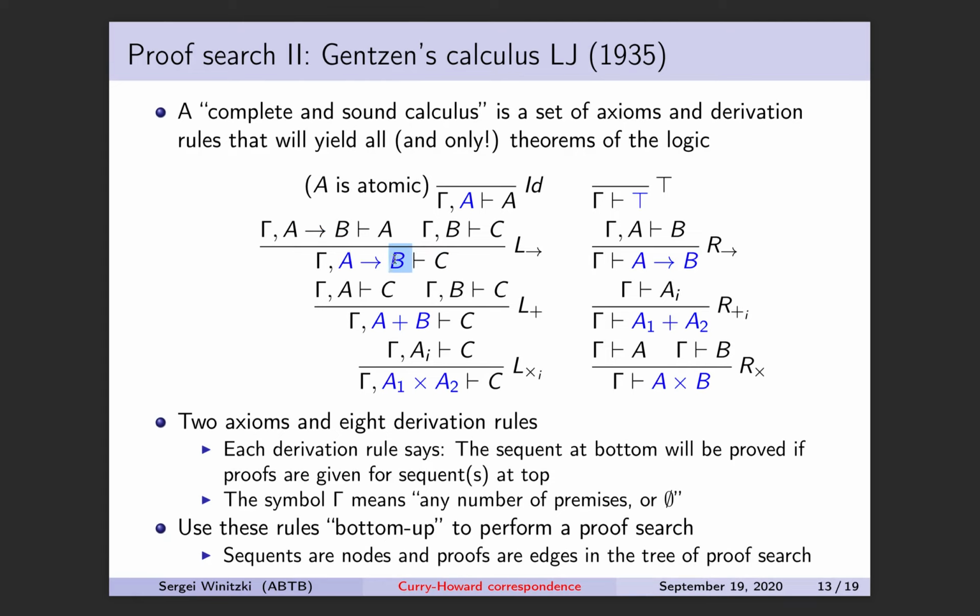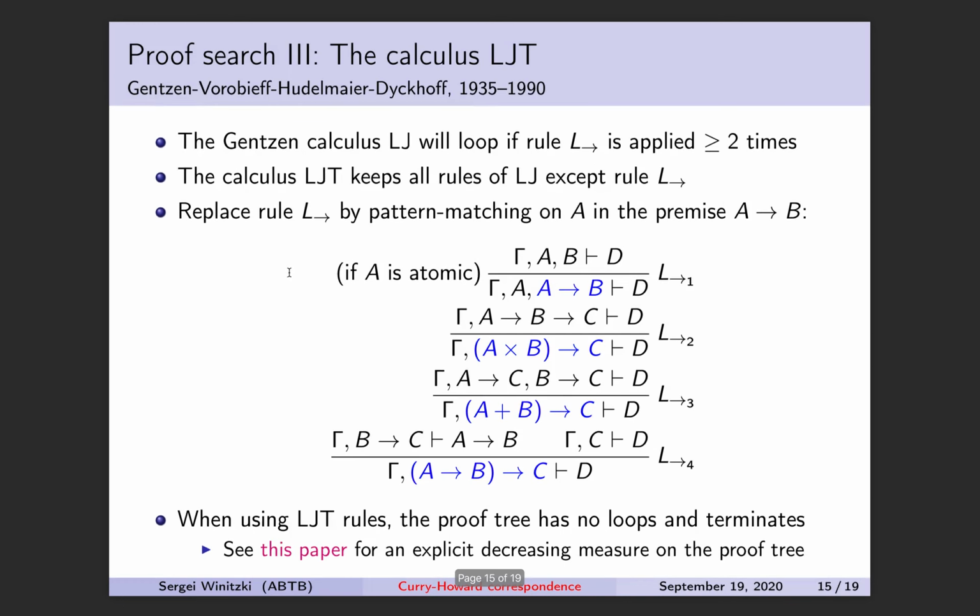It does not remove the premise. And so you are again tempted to apply the same rule. The algorithm LJT removes that premise. It never repeats premises. The cost is that instead of the left implication rule, you have 4 different left implication rules, and they're more complicated.